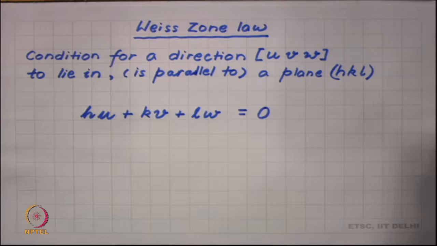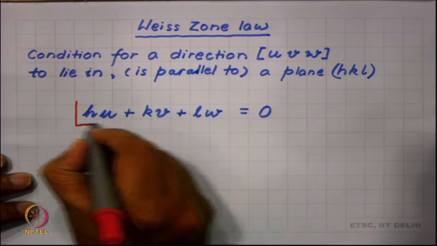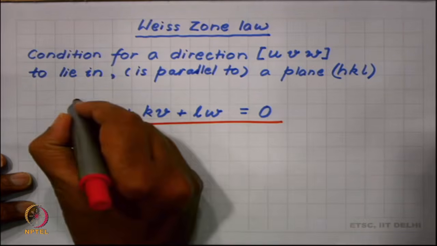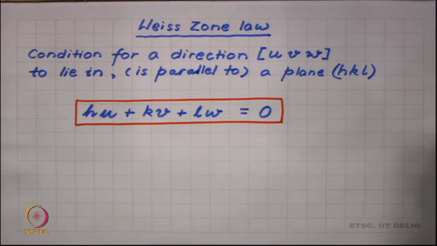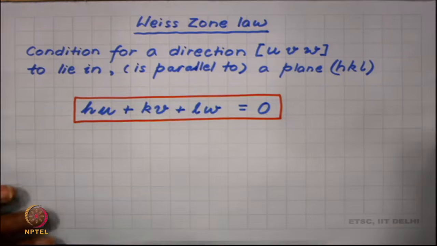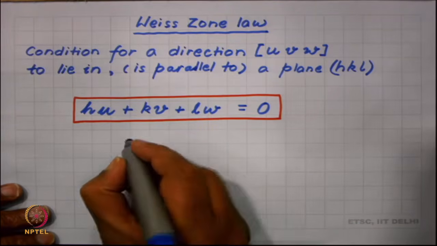So, the law itself is quite simple, but it is a very useful and powerful law, as we will see as we go along in our crystallographic discussions. And one important thing to keep in mind is that this law is true for all crystal systems.